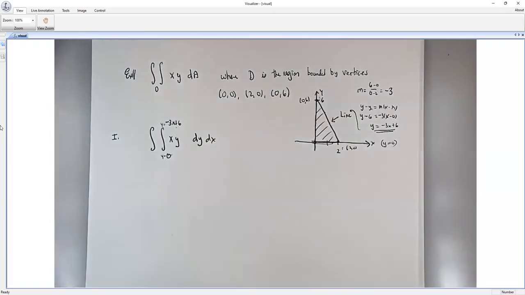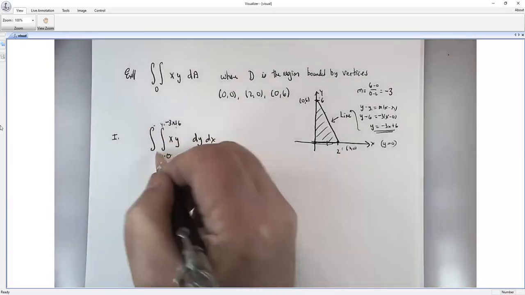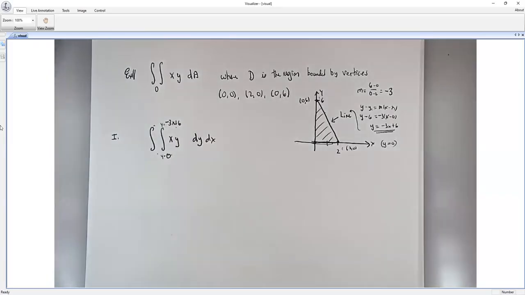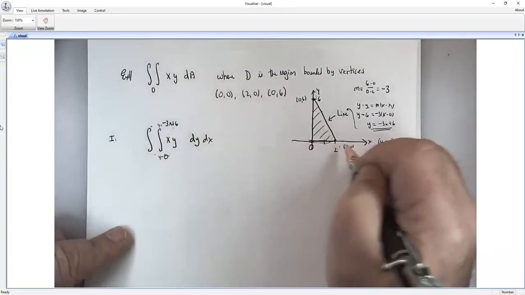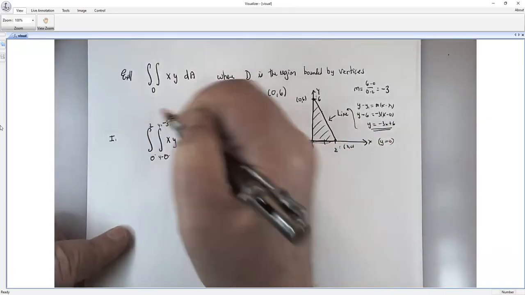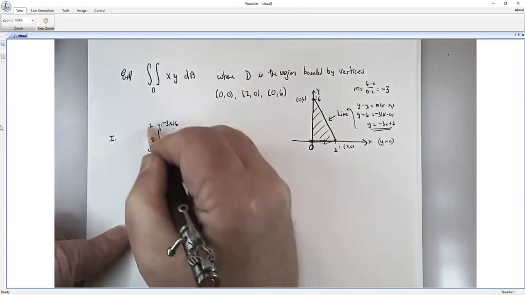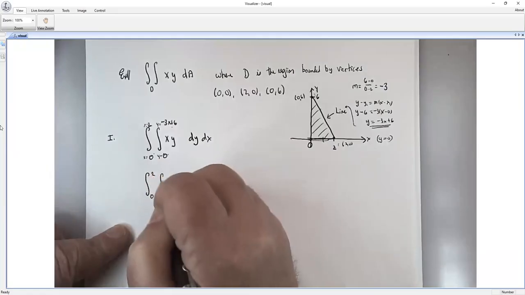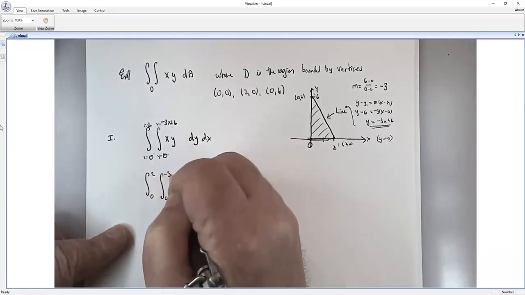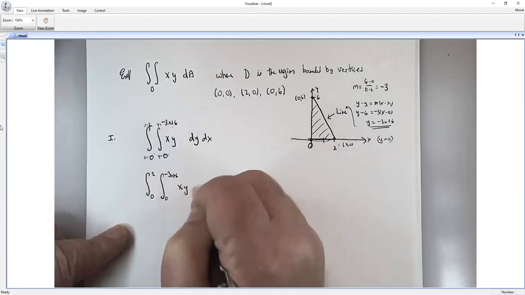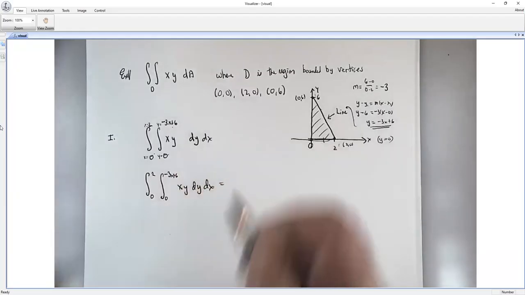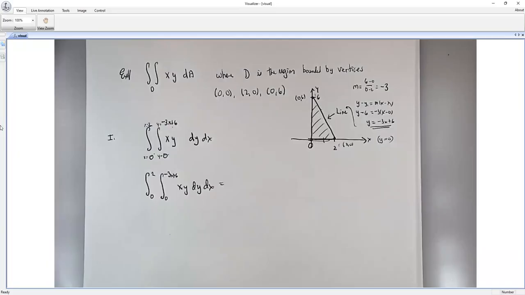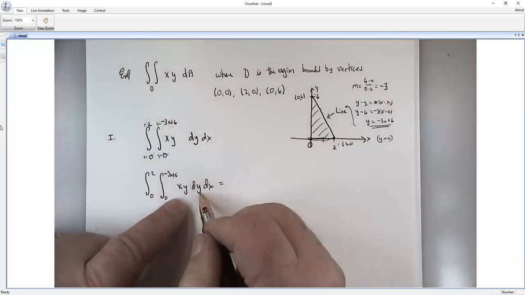But I have to integrate over my region, so the outer integral will always have numbers to define the region. What's that going to be between? x numbers from 0 to 2. So this turns into the integral from 0 to 2 of the integral from 0 to -3x plus 6 of xy dy dx. Let's evaluate this. Well, I'm going to integrate with respect to y.